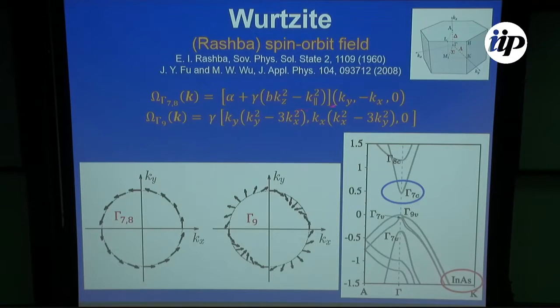You have alpha times linear in momentum. So in wurtzite, you have linear splitting in the momentum. That's quite miraculous. And then you have also cubic terms. So based on this description, you just look at the direction, and you can figure out what the splitting is. So for example, the spin pattern in gamma 7 looks like this. And gamma 8 is the heavy hole band.